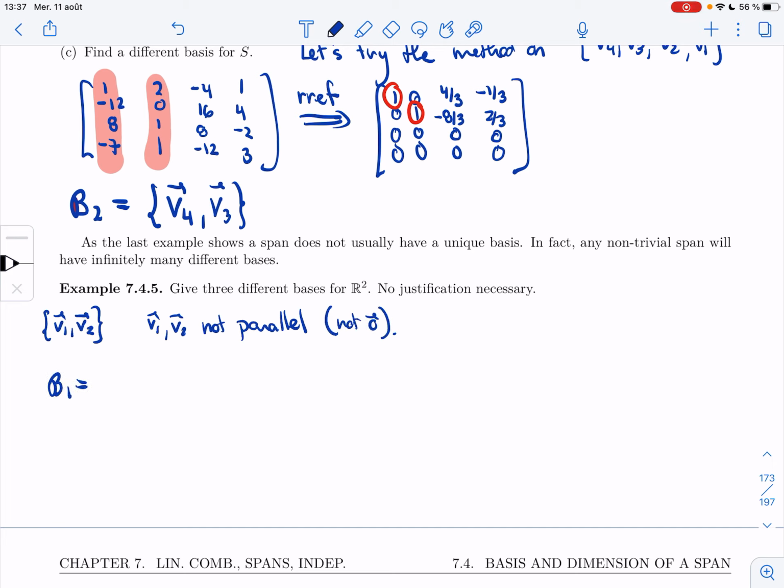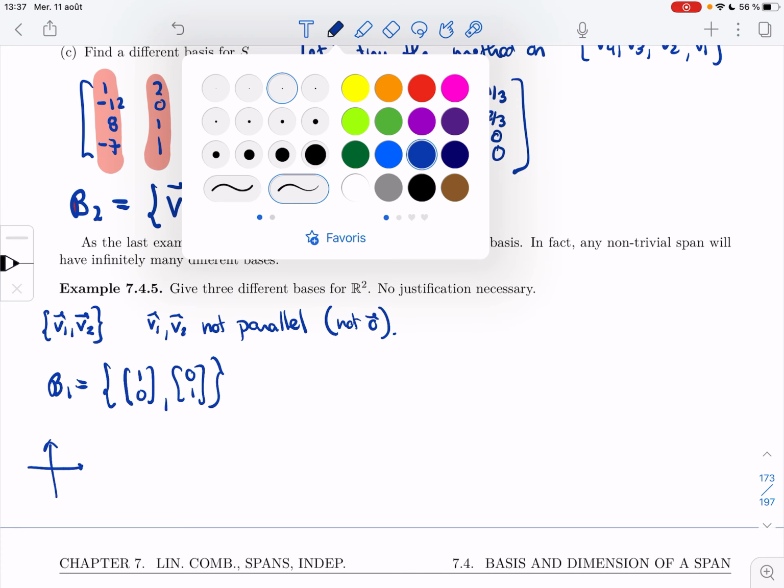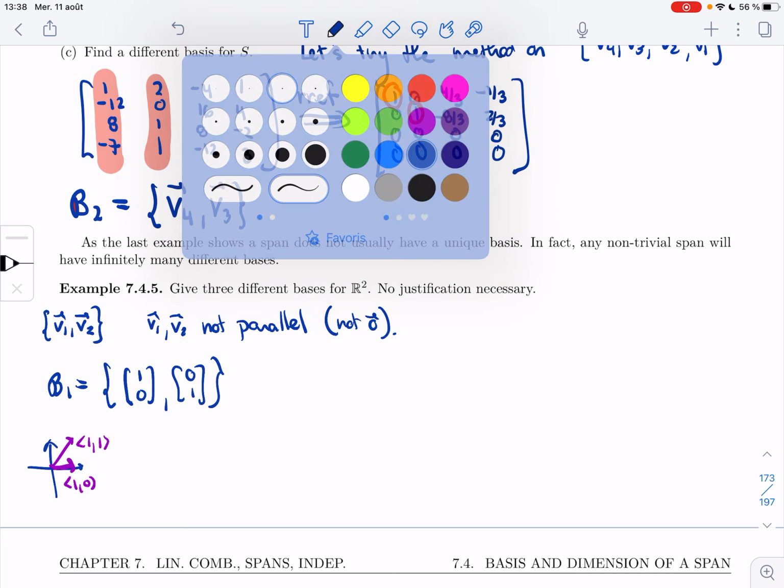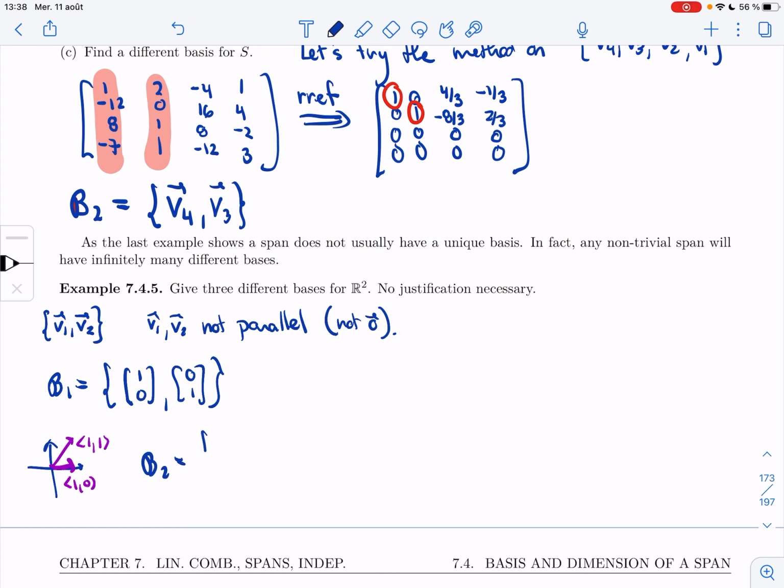And we've already seen (1, 0), (0, 1), that works. I just need non-parallel vectors, so what else could I do? I could keep (1, 0), but then (1, 1) maybe? That would work, they're not parallel. So I could use (1, 0), (1, 1).